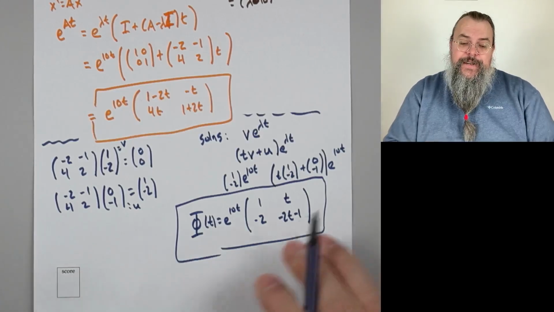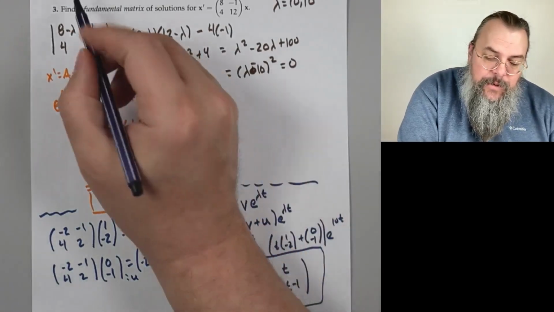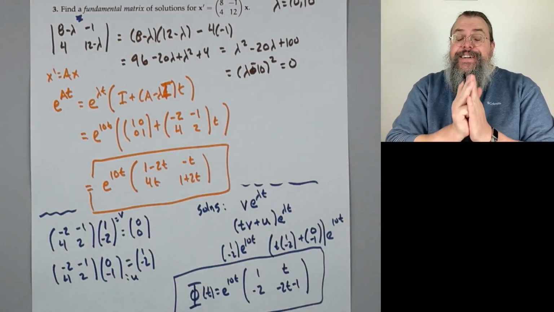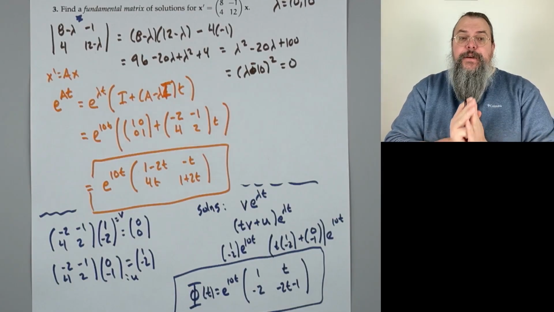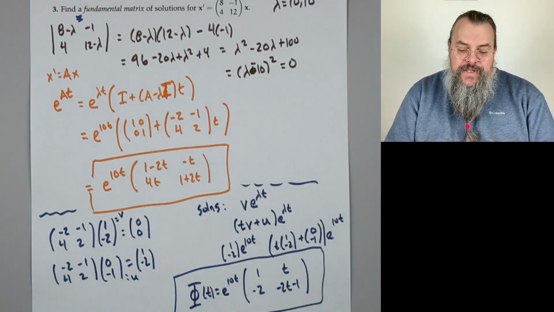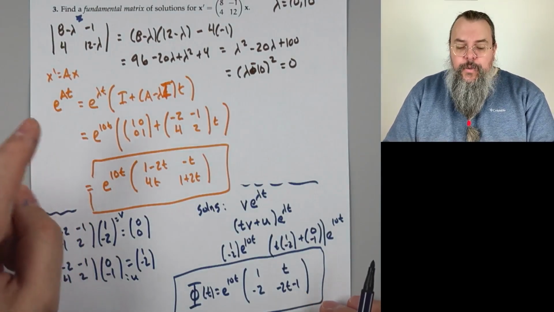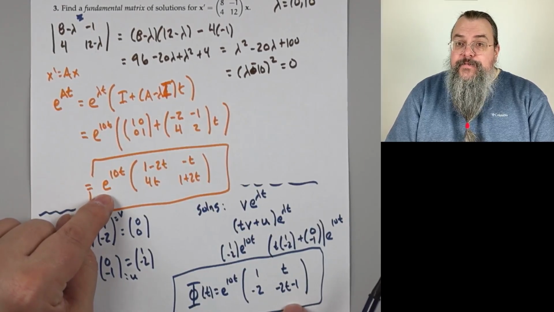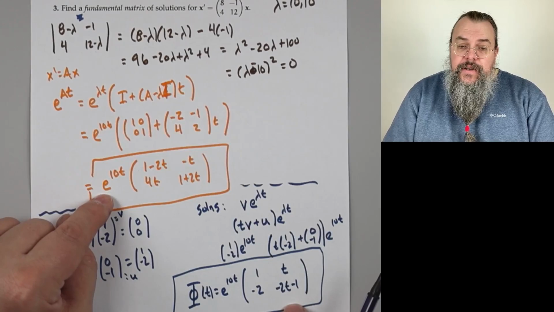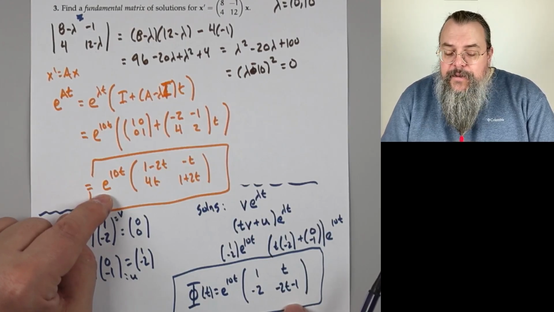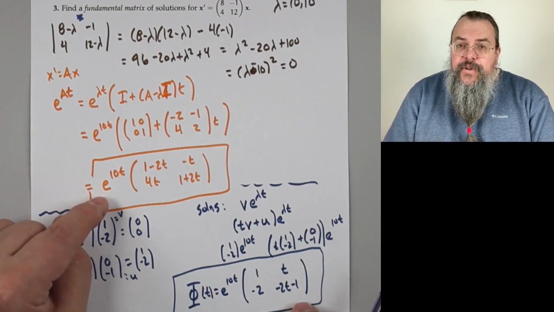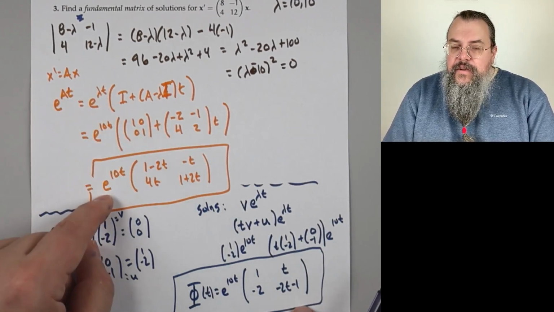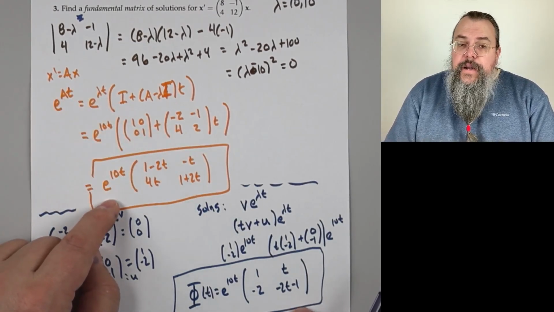Now, I want to be careful here because it does say a fundamental matrix. Fundamental matrices are not unique, but there's a best one, which is the e to the at. So these are both correct answers. Which one do you like? It's not that we don't like one over the other. They're both correct. It's just if you understand the tools, and you can get a shortcut, why not?